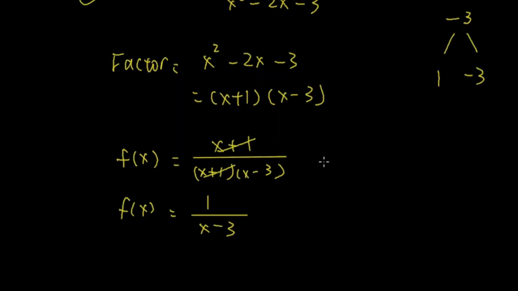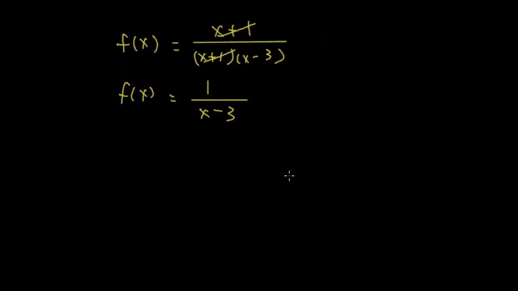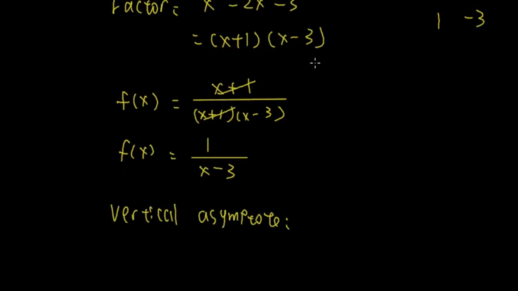Okay, in that case, if you set x plus 1 equals 0, normally for the vertical asymptote you have to set the denominator equal to 0.